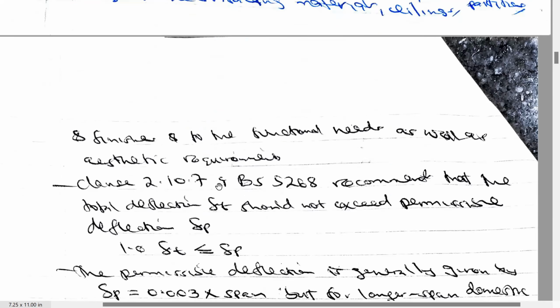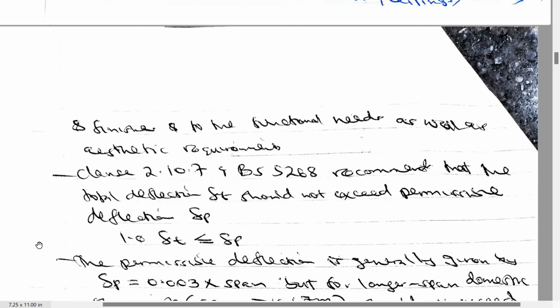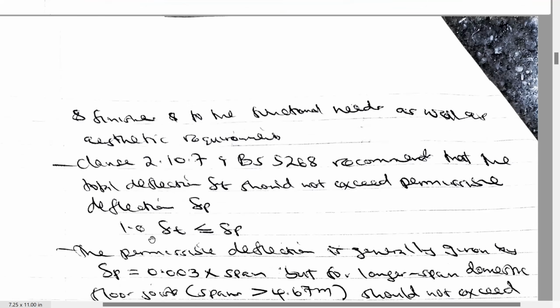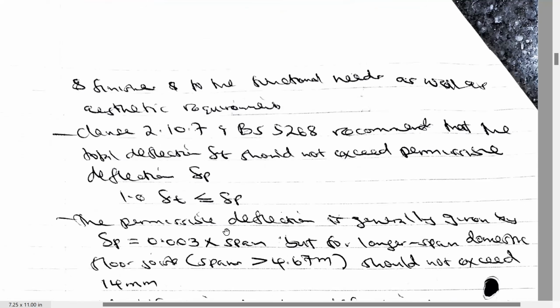So clause 2.10.7 of BS5268 recommends that the total deflection, which is delta T, should not exceed permissible deflection delta P. Now, the total deflection should not be more than what is permitted. So in terms of equation, I mean delta T should be less or equal to delta P. So the permissible deflection is generally given by delta P equal to 0.003 times the effective span.